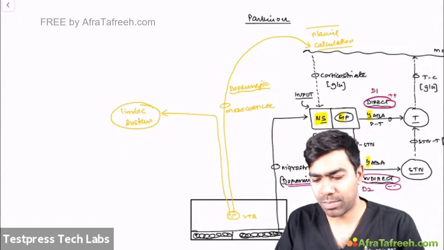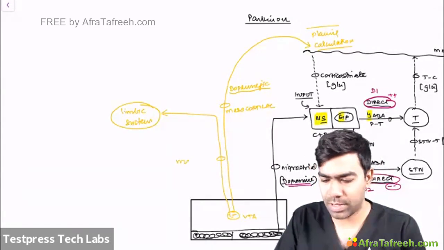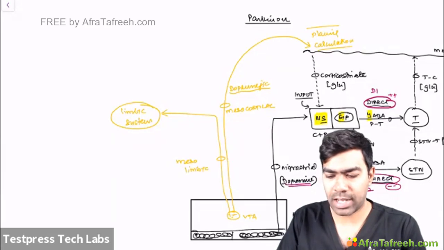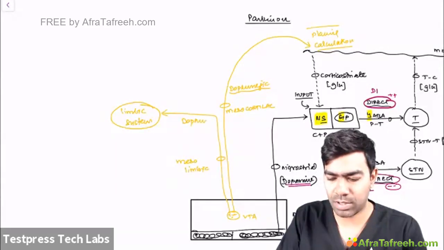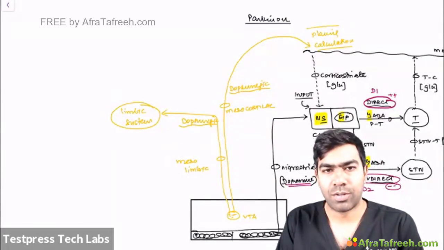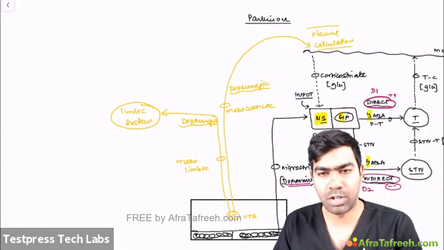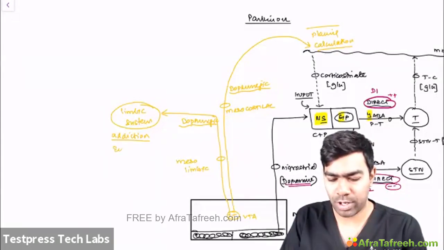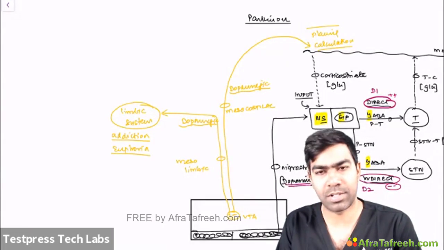Dopamine projects into the mesolimbic system as well, and this is very, very important for emotional modulation. For example, dopamine to the limbic system will result in addiction, pleasure, and euphoria. That's what is going to get generated as far as the mesolimbic system is concerned.